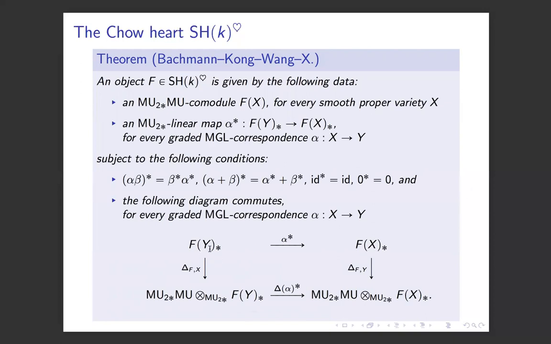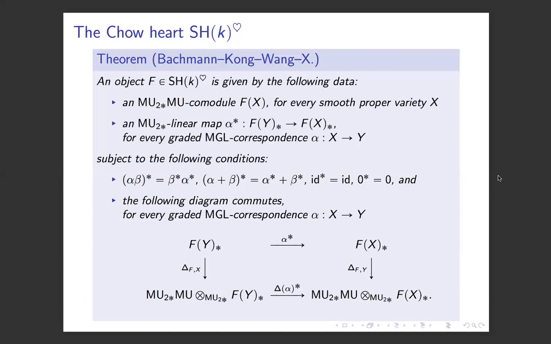In particular, each comodule here will have a coaction by MU star MU, and any map makes it compatible. So that's a description of an object in this category. And the morphisms in this category are just the natural thing you expect. These are the compatible maps, that make things commute in the corresponding category.